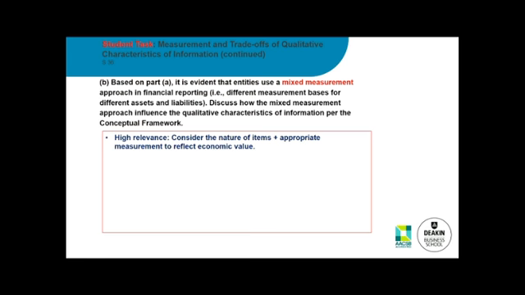Okay, let's see what they suggest. The first qualitative characteristic is relevance. For relevance, we would say they're highly relevant because each of the items is arrived at by an appropriate measurement to reflect their economic value. Is it faithfully represented? Possibly not, because people can manipulate it with bias and opportunistic behaviour.